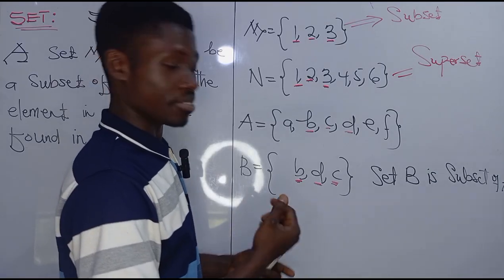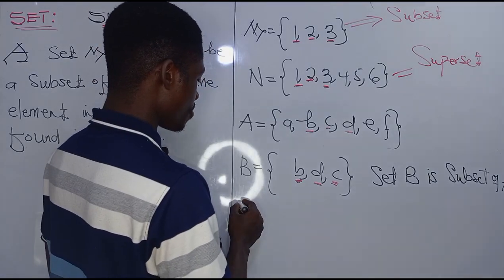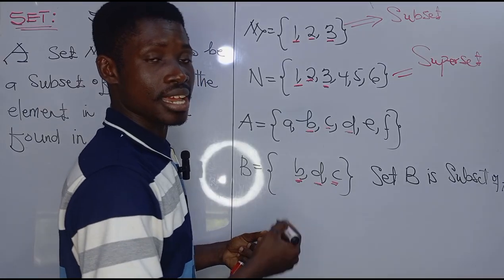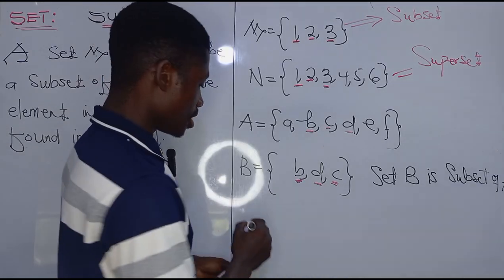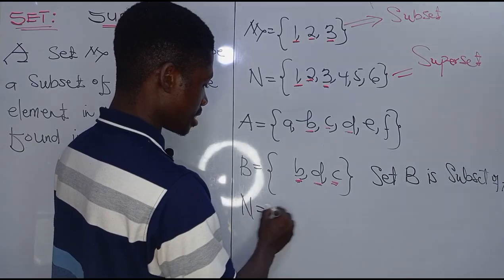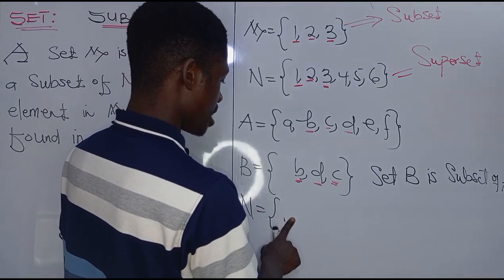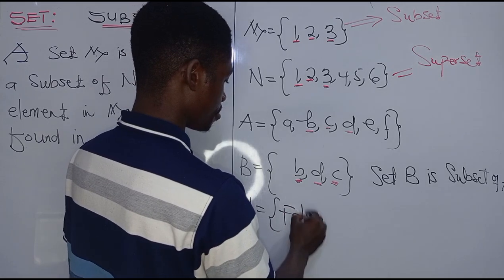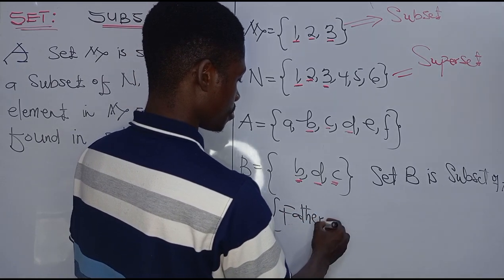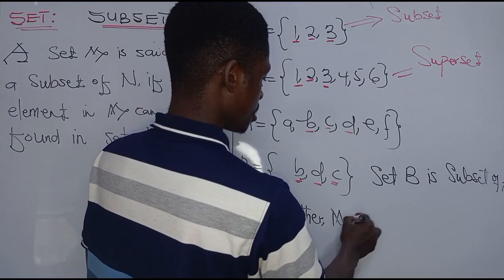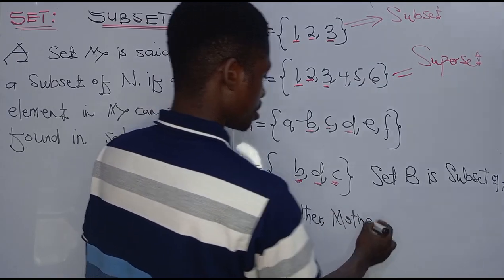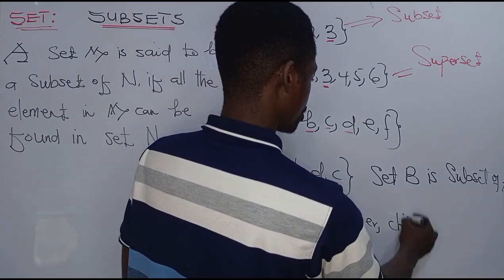Now let's come to real life. Now we know that in the nuclear family we have the father, the mother, and then the children. So let N represent the set of the nuclear family. So we have the father, the mother, and then the children.